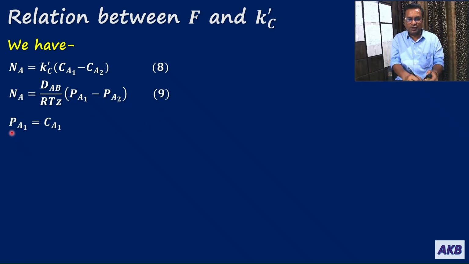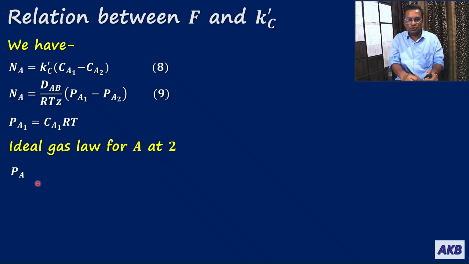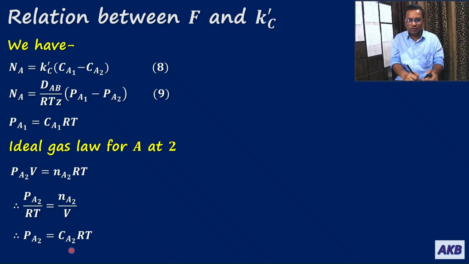We are going to replace Pa1 with Ca1 RT, as I have just shown. Now let us do it for Pa2. So we need to apply the ideal gas law for A at 2. So it is Pa2 × V = Na2 × R × T. That is Pa2/RT = Na2/V. But Na2/V is Ca2. So Pa2 will be equal to Ca2 × RT. So now Pa2 will be replaced with this term.